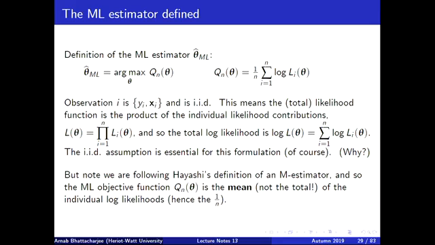But for the moment, let us proceed with this assumption. And the independence here is needed for this formulation. Why? Because without independence, the joint probability is not a product of the individual probabilities, right? So the independence is absolutely key here.